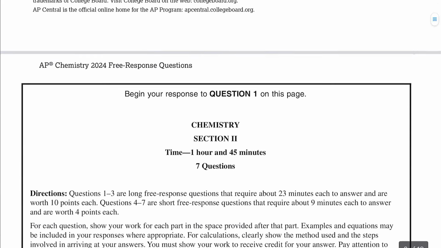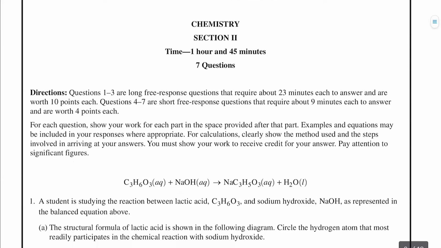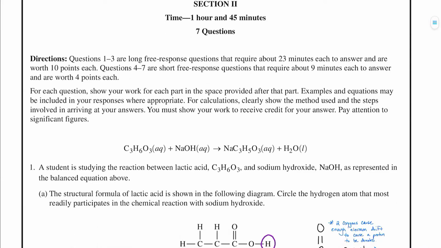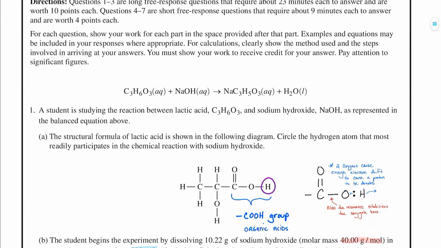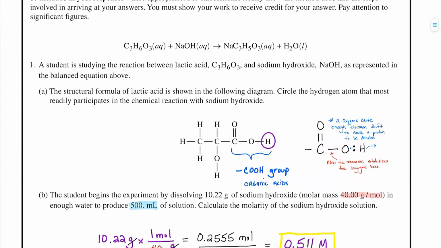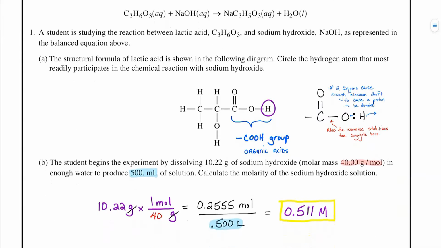All right, so we're dealing with question 1, and they give us a nice reaction here. We've got a weak acid, strong base reaction. In the first question, from the structural formula of this organic molecule, interesting enough, organic chemistry isn't part of the curriculum. However, it's really helpful to have some of that information.